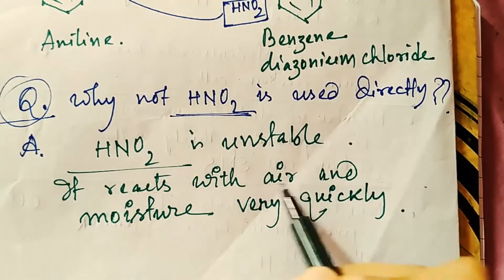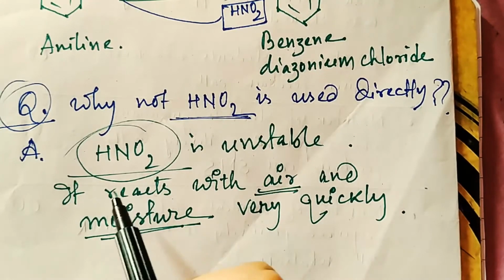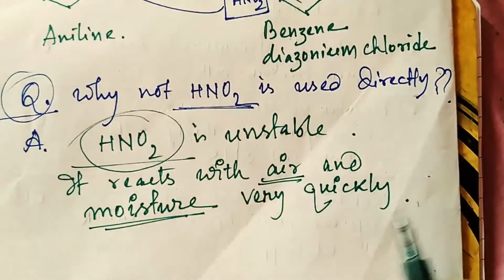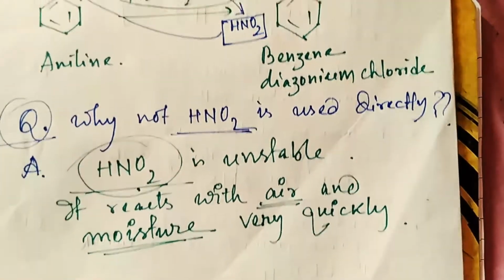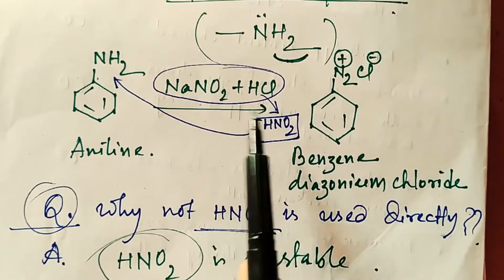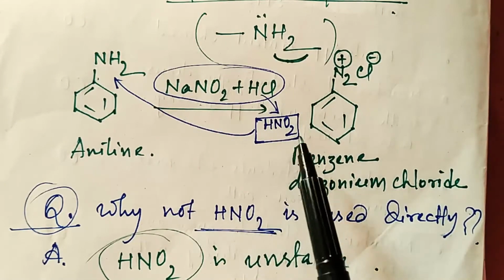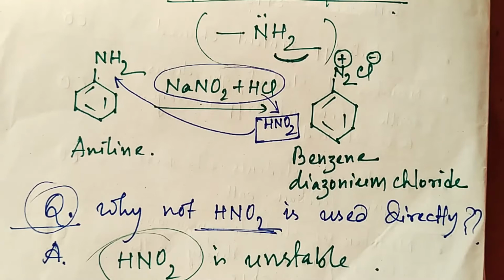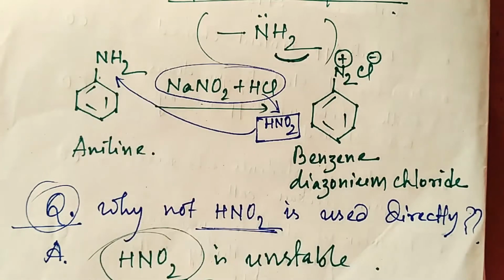If it reacts quickly with air and moisture, that means you are not getting pure HNO2. That's why you can't use HNO2 directly, and you have to use NaNO2 plus HCl. They both react and form HNO2 in the reaction container, and that HNO2 reacts with the primary amine.